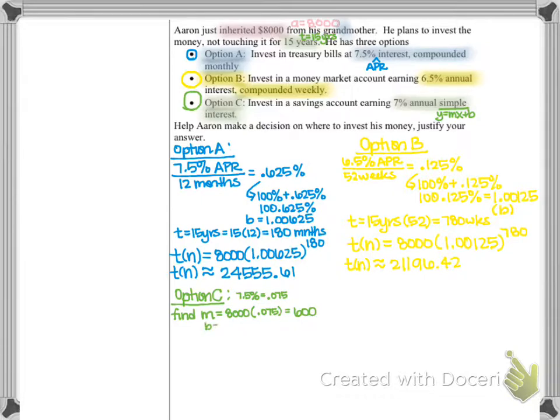My b in my y equals mx plus b is the amount of money he started with in the first place, which is the 8,000. Okay, so let's write this equation. T of n is equal to mx plus b. Now it's annual simple interest, so we just do annually. So our time frame is still the number of years. Our time here, I believe, was 15 years that he was going to leave it in.